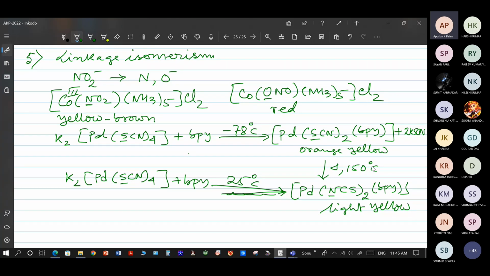So linkage isomers are generally identified by their distinguishing vibrational spectra or electronic spectra. As the coordination zone donor atoms change, the color might be different.